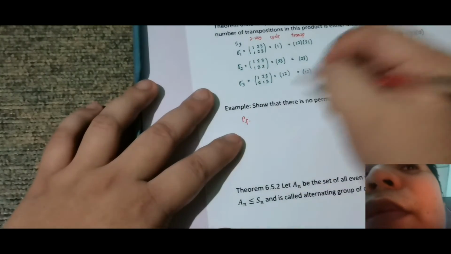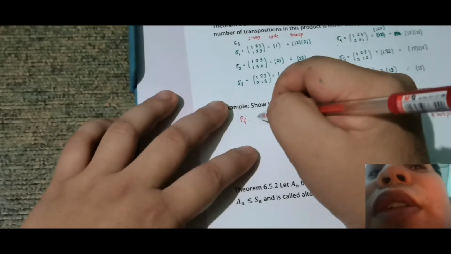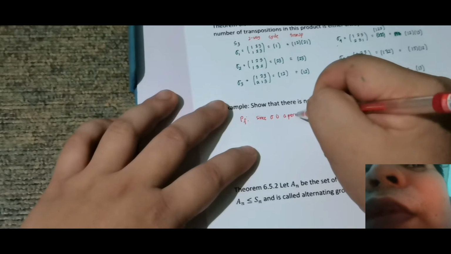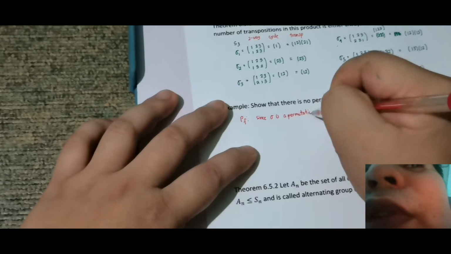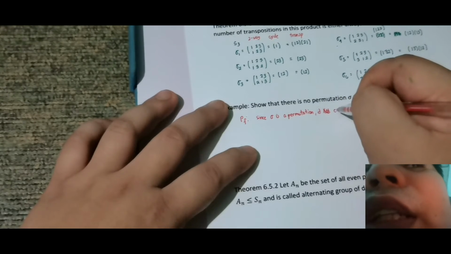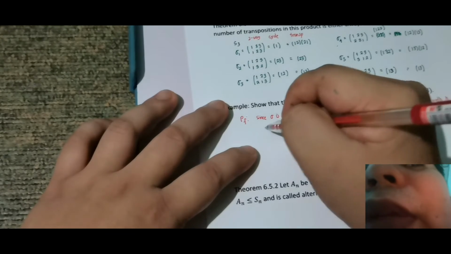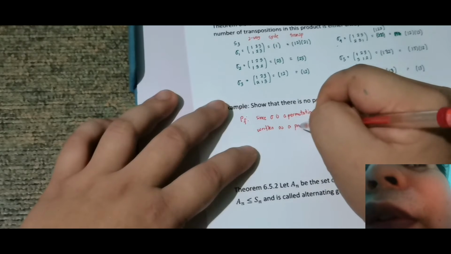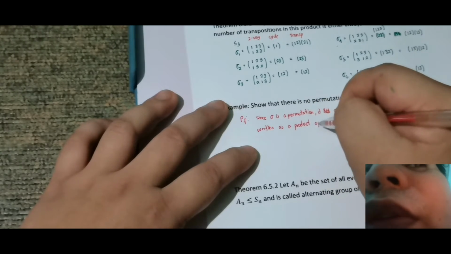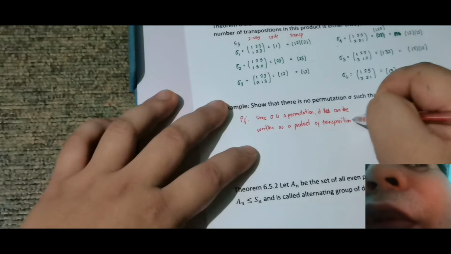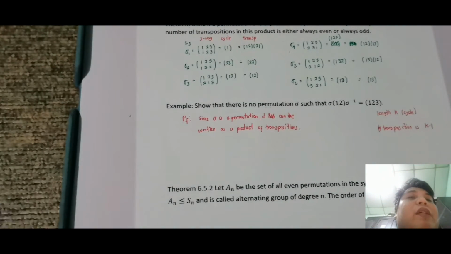Okay, so let sigma, since sigma is a permutation, it can be written as a product of transposition. Okay, so again, since sigma is a permutation, it can be written as a product of transposition.